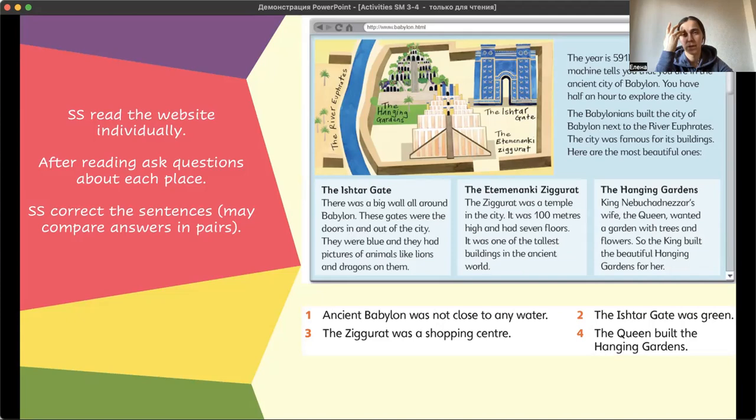Well, the task with time machine I used at one of the speaking lessons. I don't remember using this text, but why not? We can add it somewhere in speaking lessons or maybe in camp.